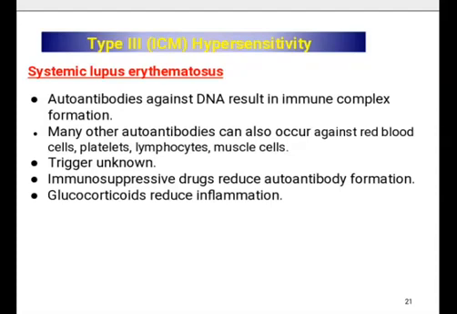Immune suppressive drugs which reduce antibody formation or suppress the immunity are used. Glucocorticoids may also be prescribed to reduce the inflammation. Some signs and symptoms specific to this disease: a butterfly rash occurs on the face of the individual.